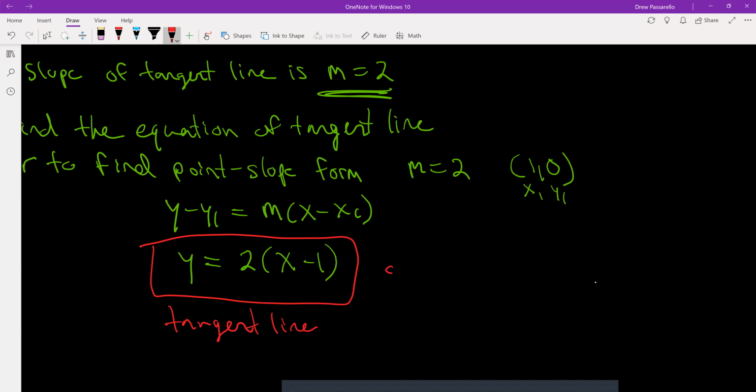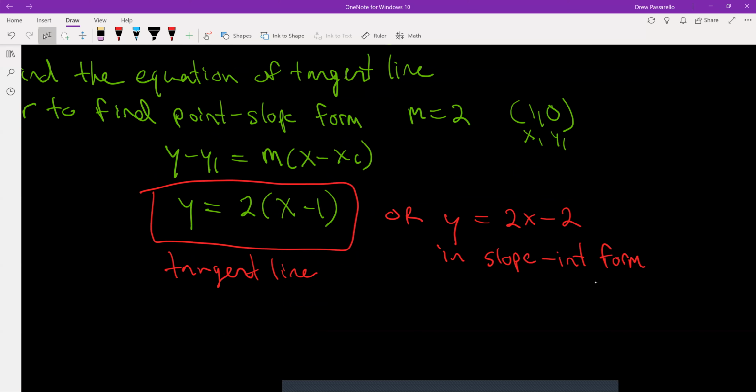You could put it in slope intercept form, and that would be y equals 2x minus 2. All right, and that's the form we're most familiar with, y equals mx plus b.